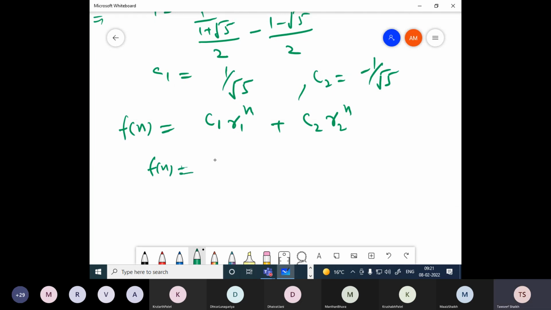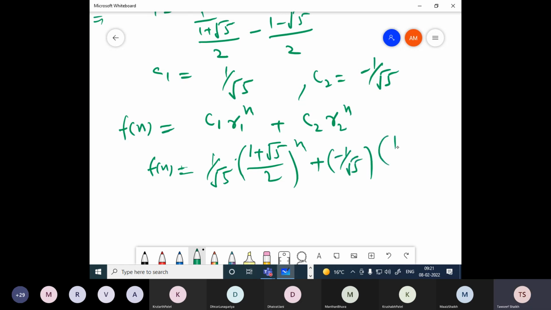f of n will be equal to C1. In place of C1, it will be 1 over under root of 5. R1 will be equal to the value which we got in the previous step, that was 1 plus under root of 5 divided by 2, power n, plus this will become minus 1 over under root of 5, and in place of R2, 1 minus under root of 5 divided by 2, power n.